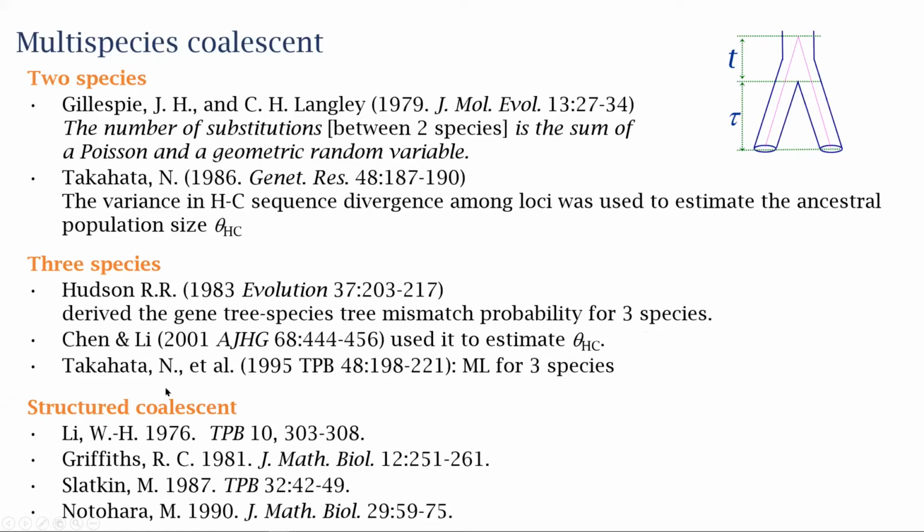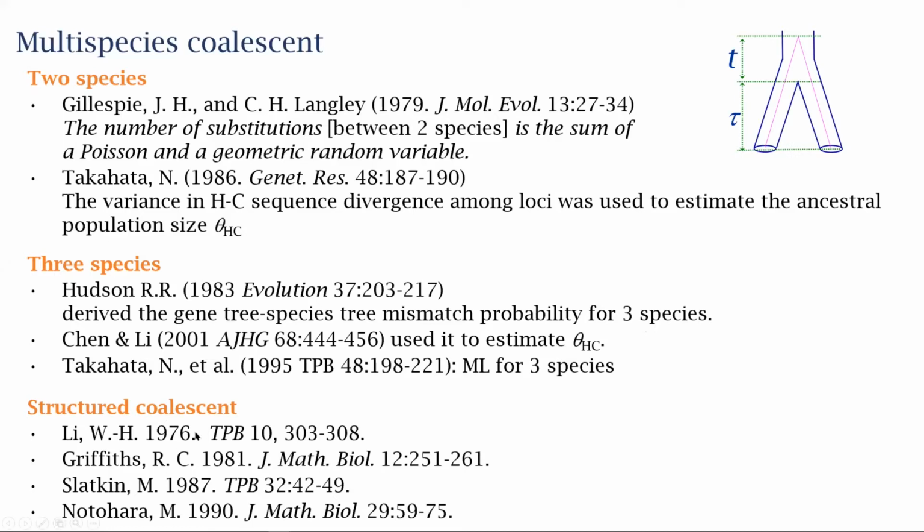And Takahata and Wen-Hsiung Li, so they are working on these models. Also, there's a branch of coalescent theory dealing with population structure. So the people here developed the so-called structured coalescent, which is useful for us in models like the isolation-with-migration models.